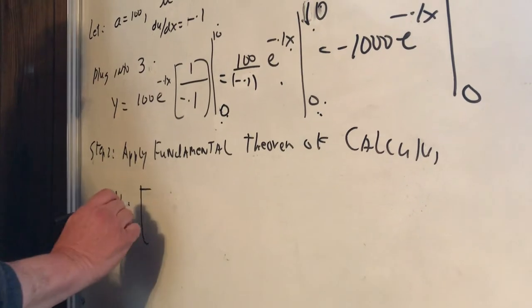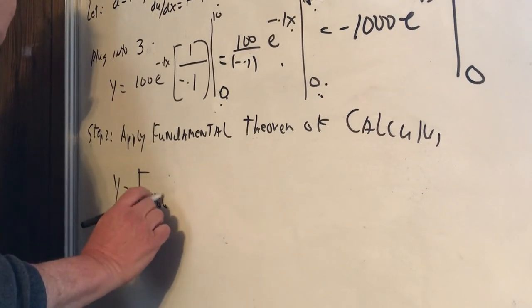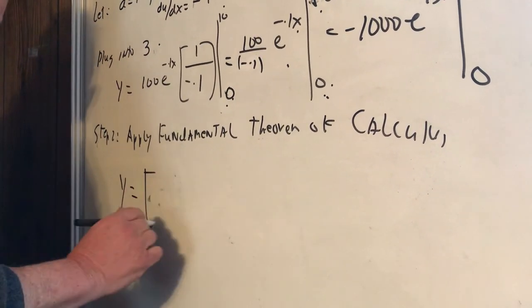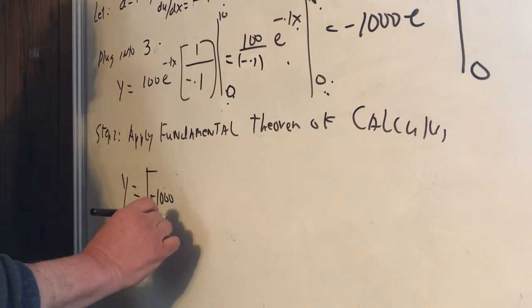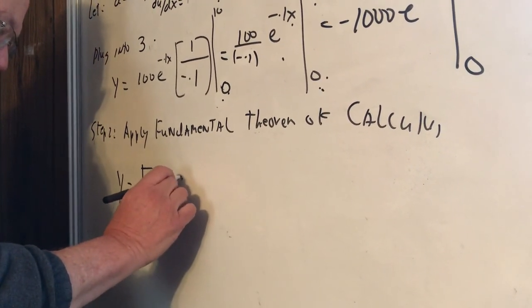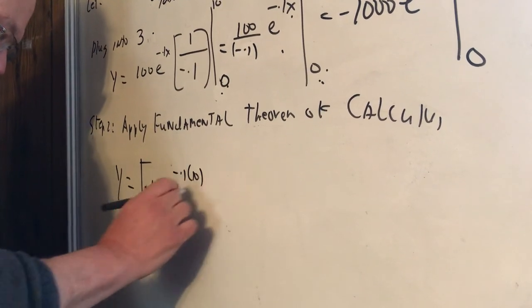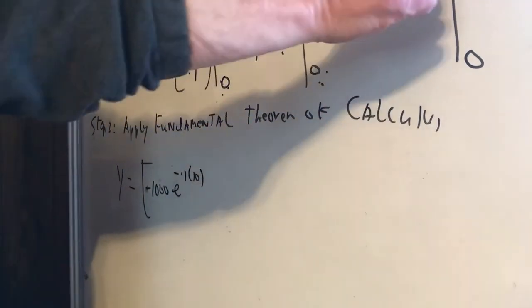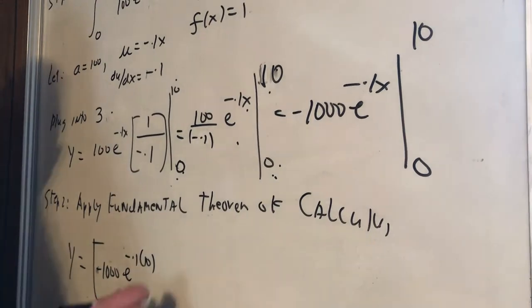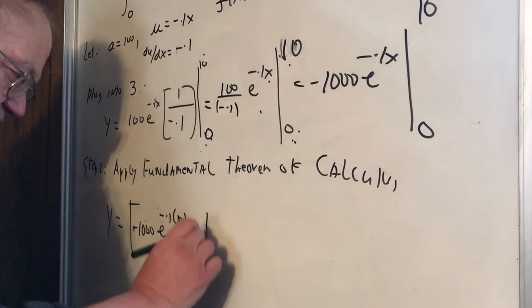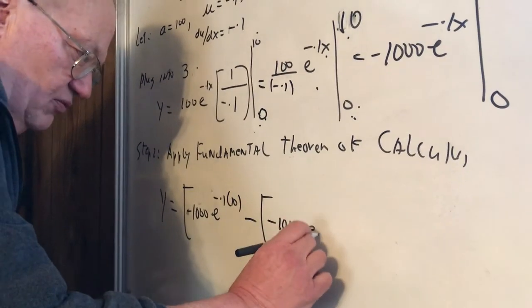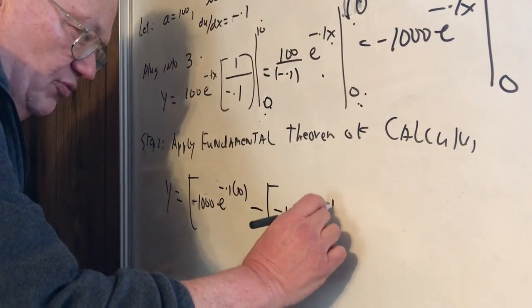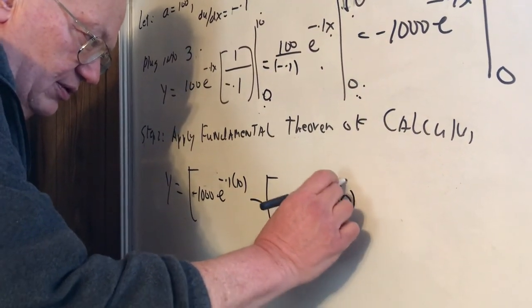So it says take the function, because now this is the function capital F, minus 1,000 e to the minus 0.1x, and put in 10. The upper number is first. Subtract that from the integral that you got, e to the minus 0.1 times 0.